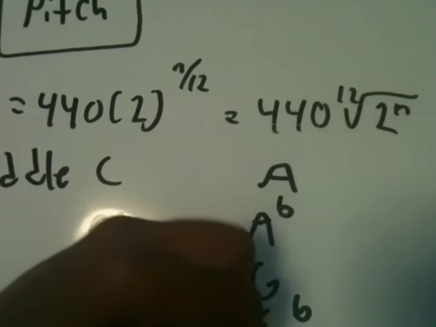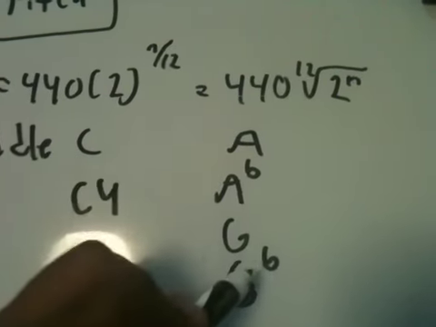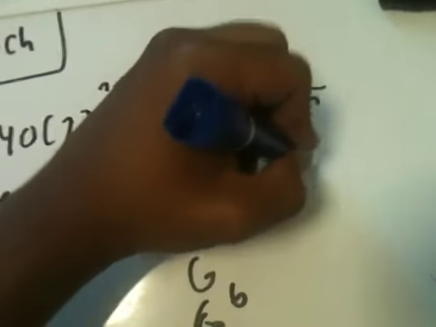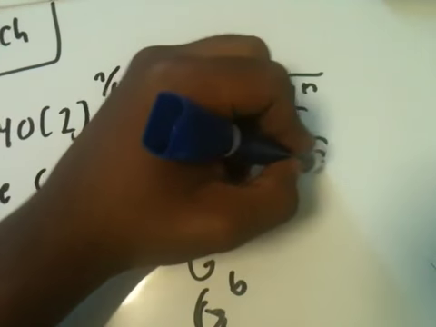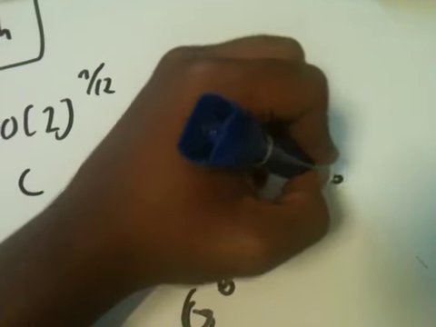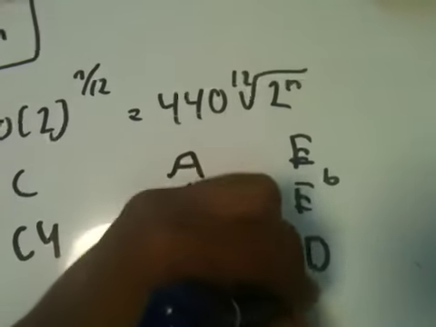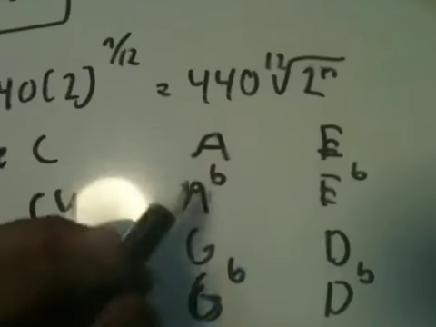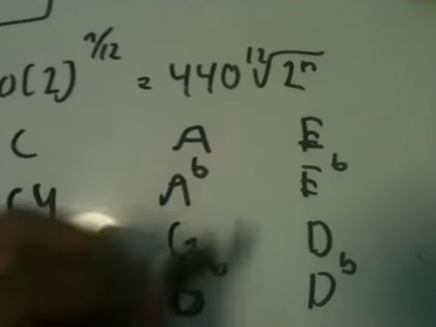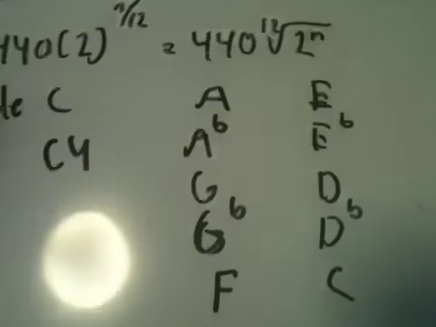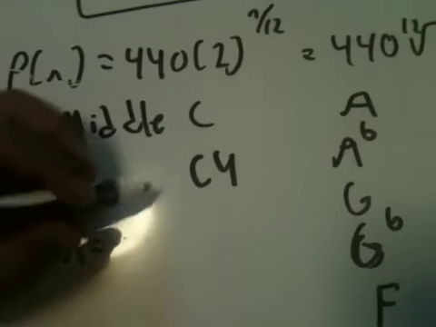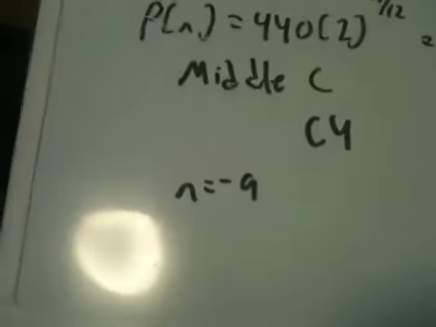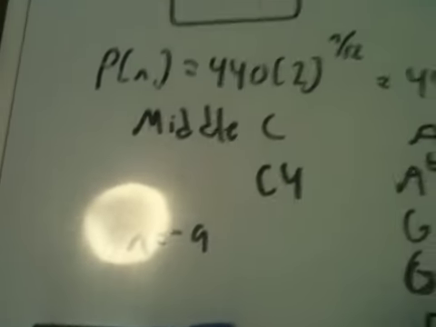G flat, F, E, E flat, D, D flat, and C. So let's see, that's 1, 2, 3, 4, 5, 6, 7, 8, 9 semitones. So n would be negative 9, because you are 9 semitones below A440.